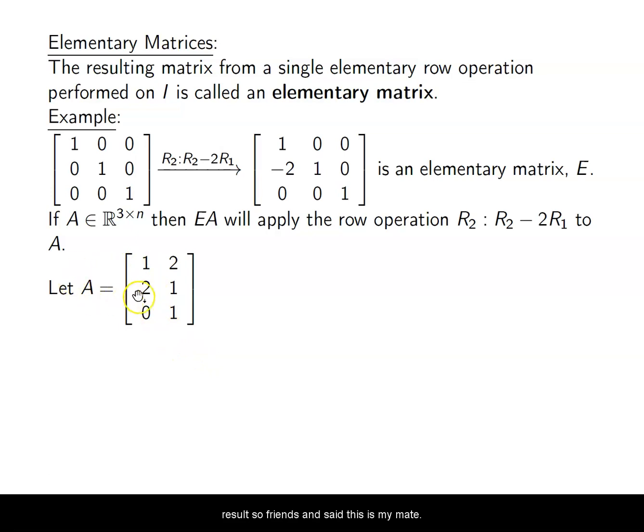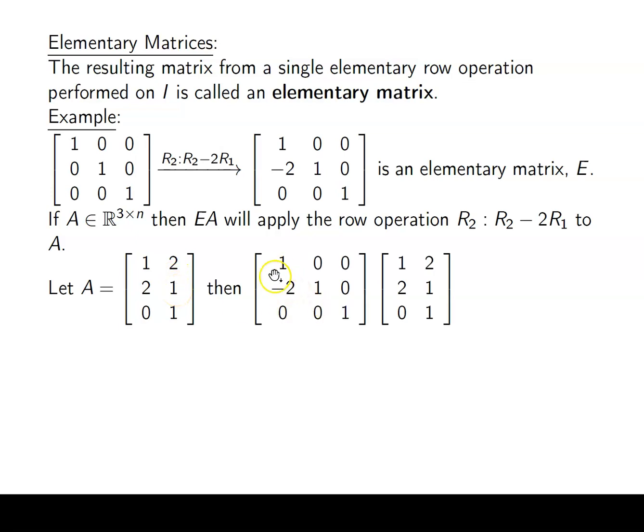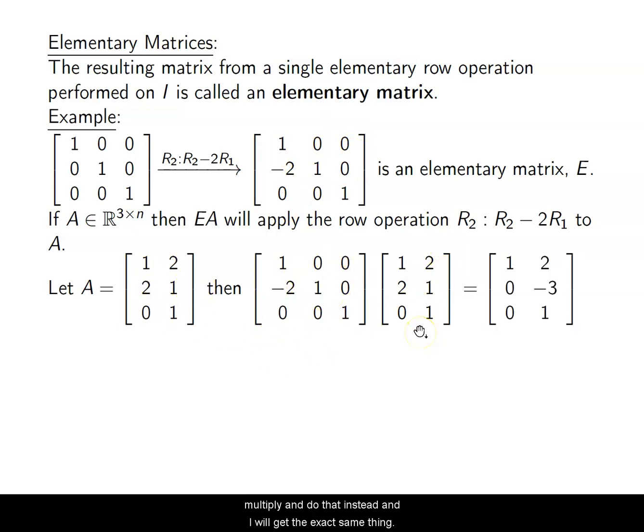Okay, so for instance, if this was my matrix and I wanted to add to it R2 minus 2R1, that will make this 0, and that would make this -3. Or I can take my elementary matrix, so that the dimensions match up, multiply, and I will get the exact same thing.